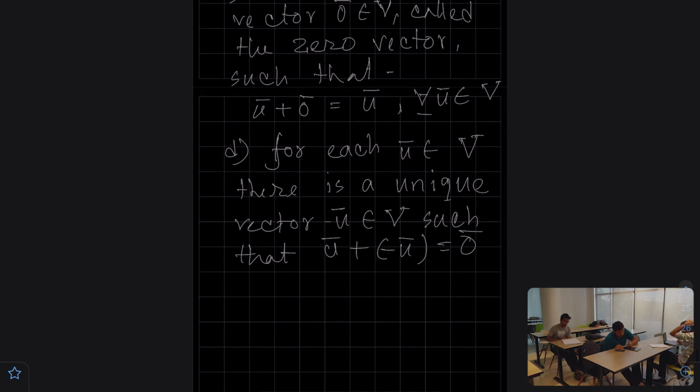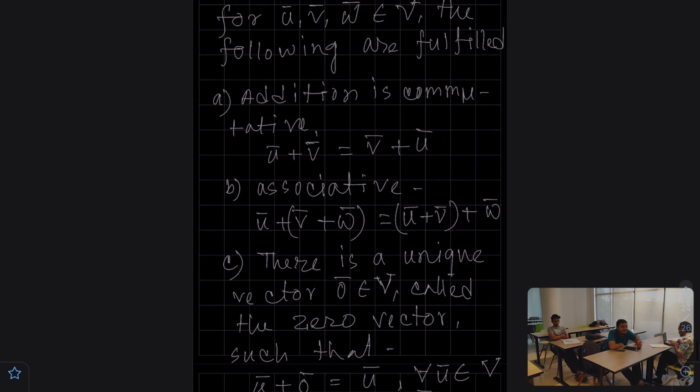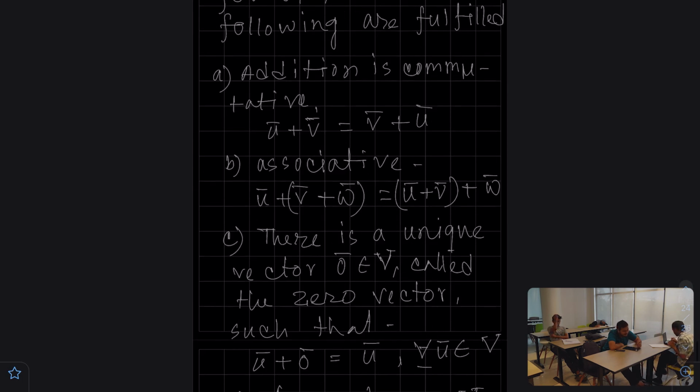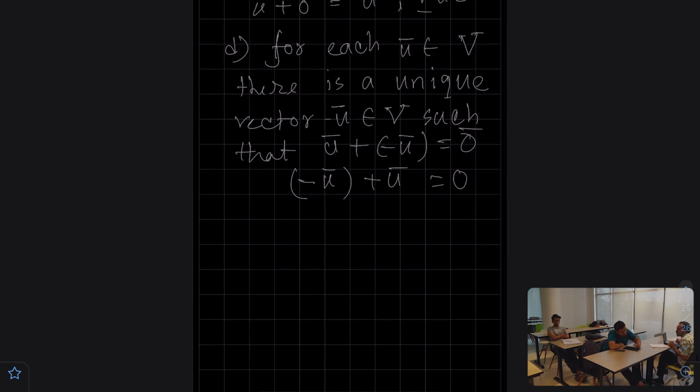Okay, so can you tell me why I didn't write u vector plus u vector also equal to 0? Because of commutativity. So since I already defined the commutativity, I don't have to write it that way.